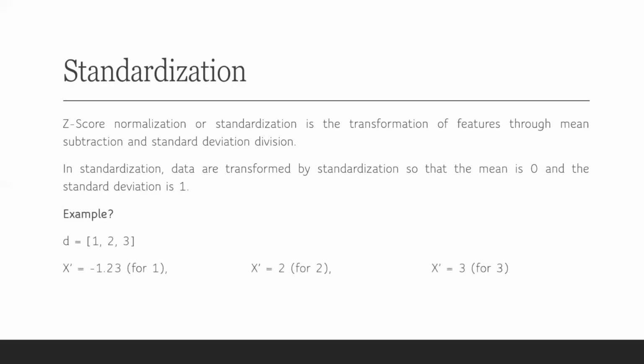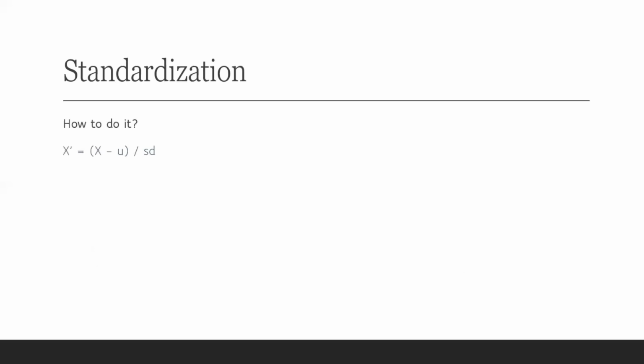The data frame here has the values 1, 2, and 3. So for the first value, the standardization value is minus 1.23. And for the second, it is 2. And for the last, it is 3. And here is the formula for finding standardization, which is x minus mean divided by standard deviation.